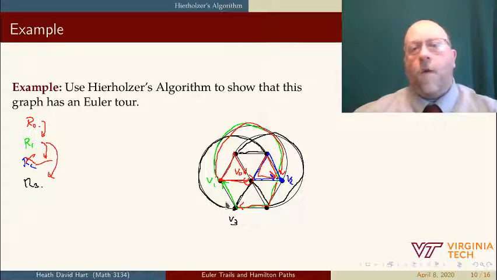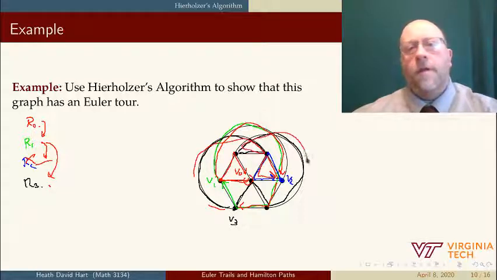I still have one edge left on R1 to complete, and I haven't done it yet, but I'm going to start traveling along R3. So I travel along R3, and I come back to where I started.